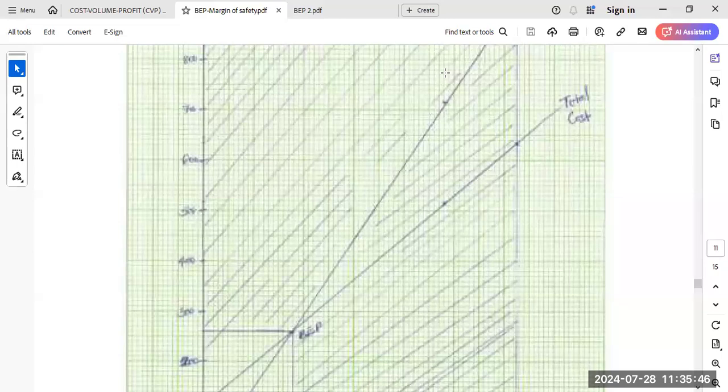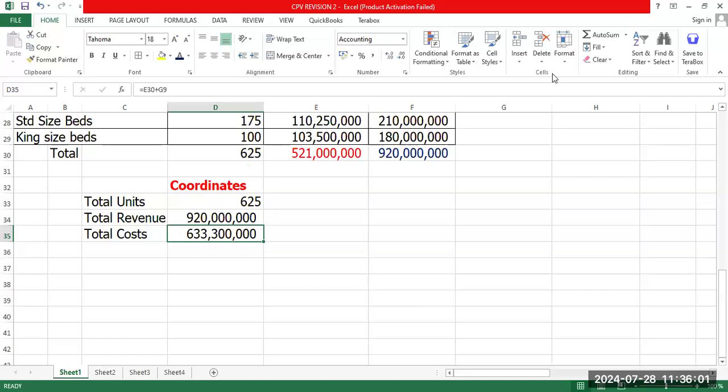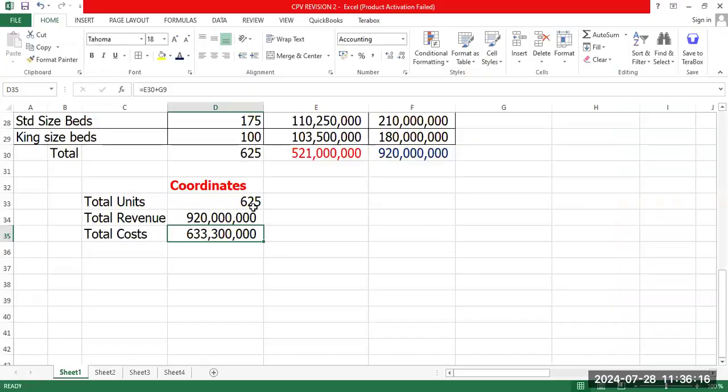For total costs, you need to first stand here, then look for 633 on the vertical axis. You're standing here on 600. Is it 600? Where are we standing? 625.